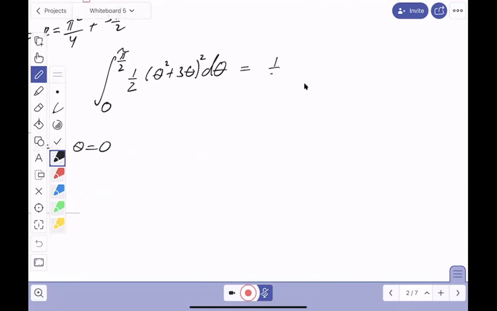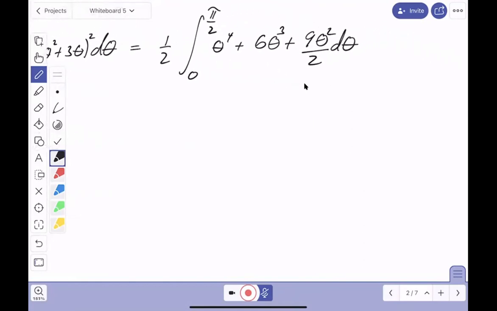It's going to be 1/2, 0 to pi over 2. That's going to be theta to the 4th power plus, let's see, that would be 3 theta cubed, which is 6 theta cubed. Remember, we have an answer key, and we're going to look at that answer key. I squared it. Now I got to do the integration.